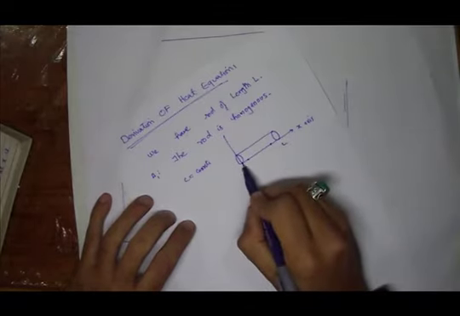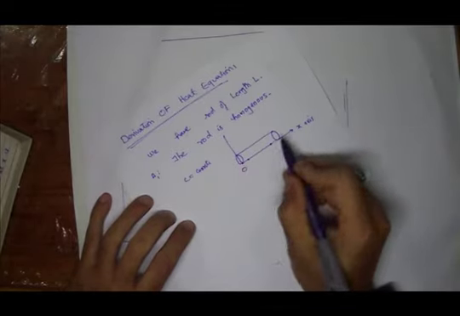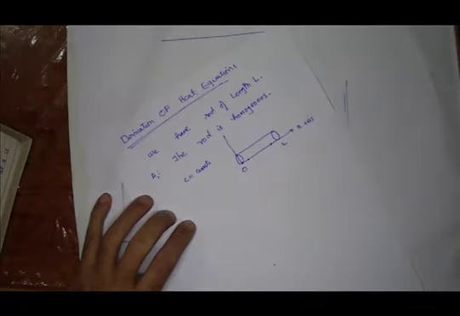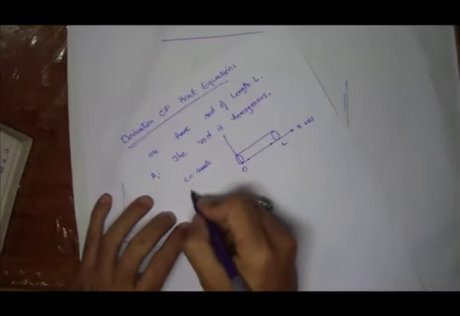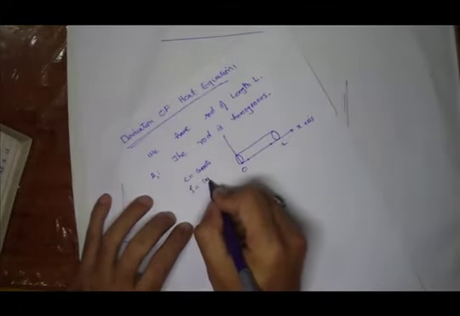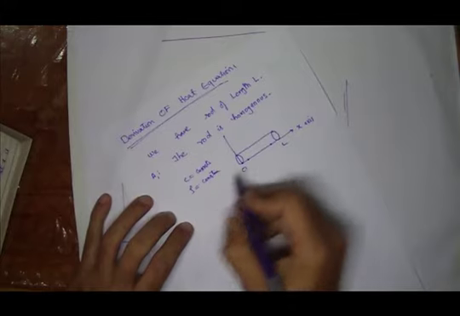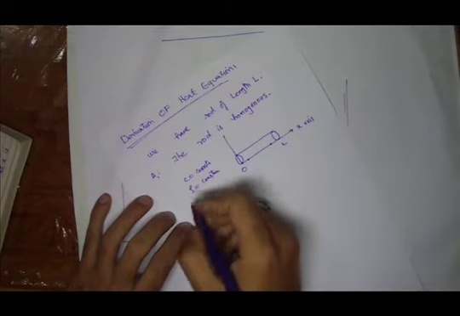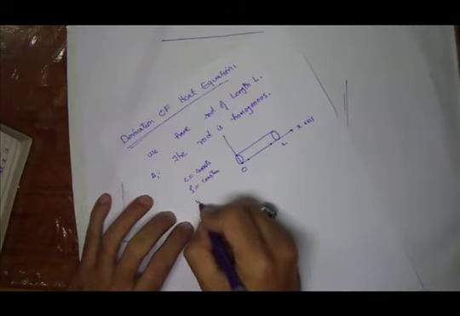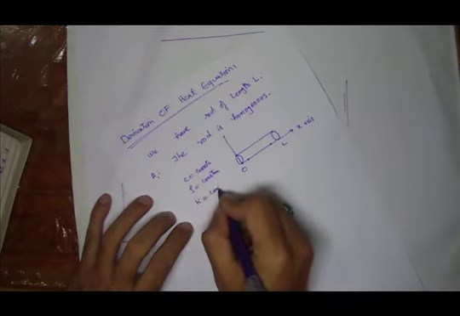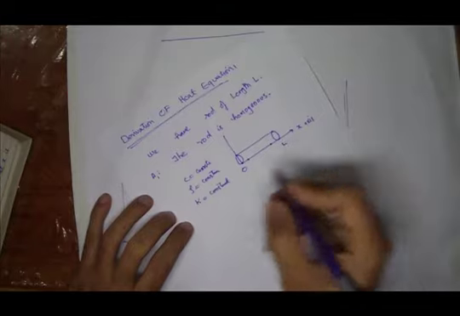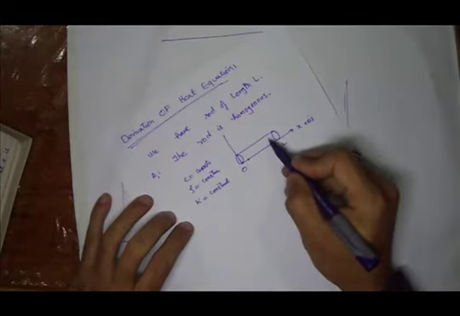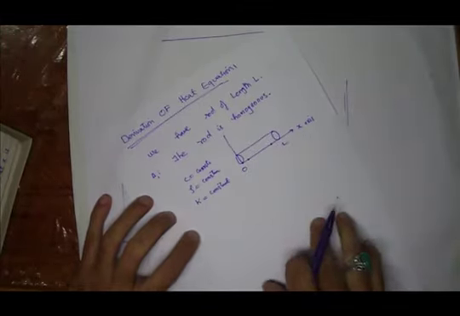It means the specific heat at all points is constant. Through this rod, specific heat is constant. Rho is equal to constant: the density of the rod throughout this range is constant. Thermal conductivity is also constant, meaning the thermal conductivity of this portion and this portion are both the same.